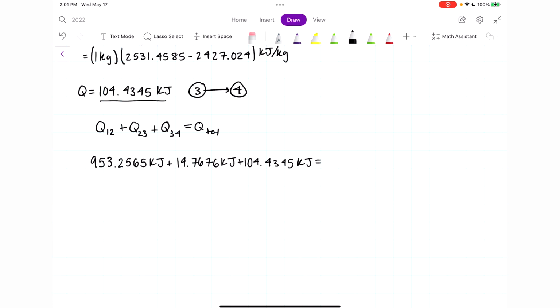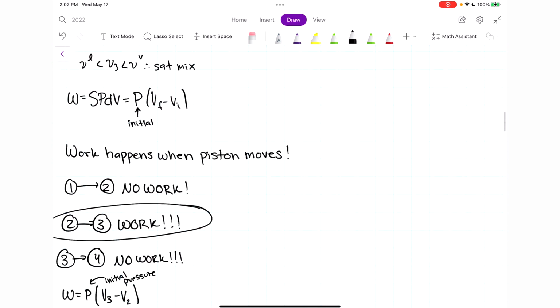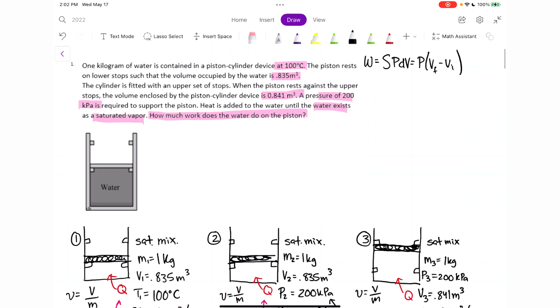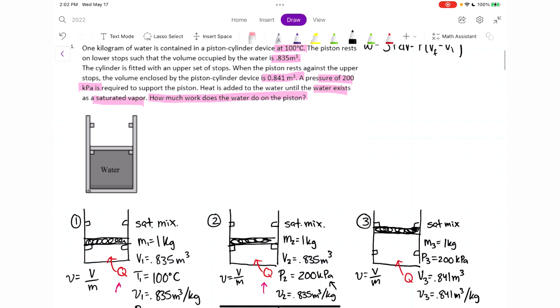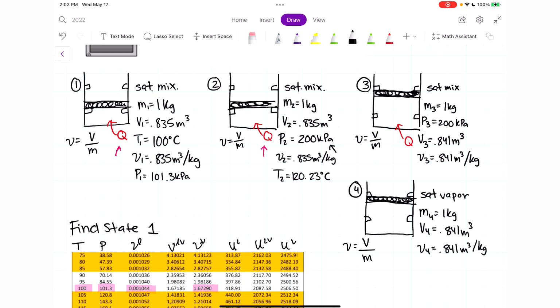We add all of that, and we get 1072.4586 kilojoules. And that would be our final answer. So that's how much heat was added to our starting piston cylinder arrangement of it being a saturated mixture, and how much heat was added to that saturated mixture for it to become a saturated vapor.